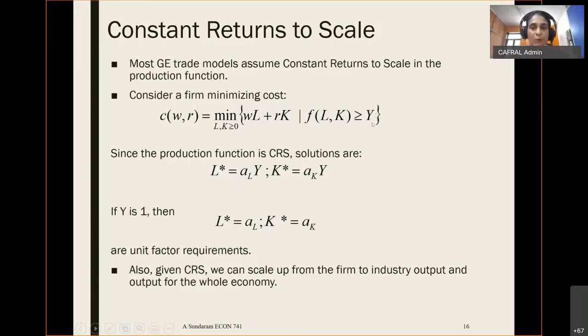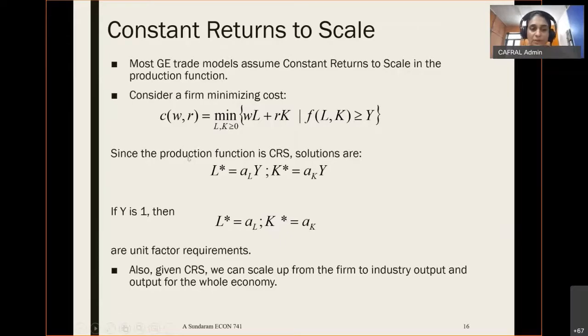Y is output here. Now, this is basically economics. I think most of you have an econ background here, you know that this is just a standard cost minimization problem. So the firm is going to choose optimal labor and capital such that cost is minimized subject to that production function, right? The production or technology constraint.